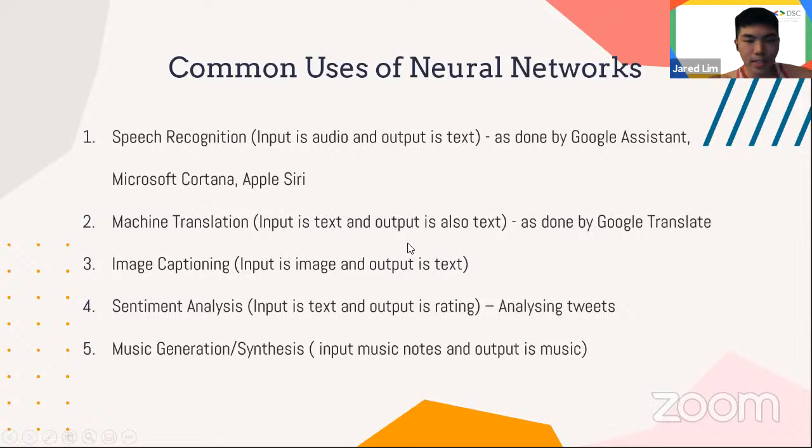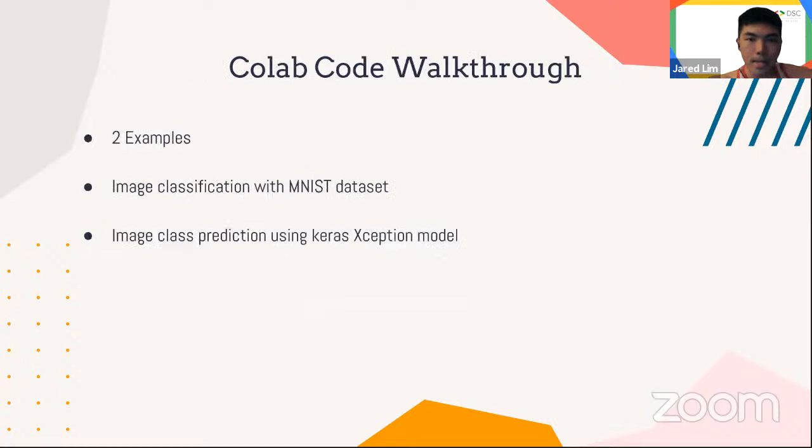So your input is an image, and you want it to predict some form of text, like maybe a dog, or a boy running in a playground. Another one is sentiment analysis. So your input is text, and the output is a rating. For example, you can analyze Twitter tweets, and rate them on a score, whether it's more negative or more positive. Another one is music generation, where your input can be music notes and your output can be music.